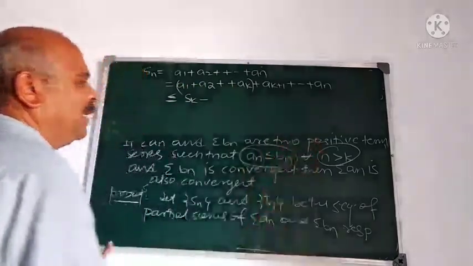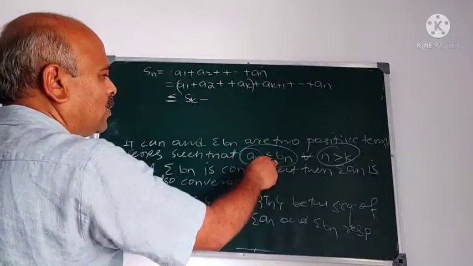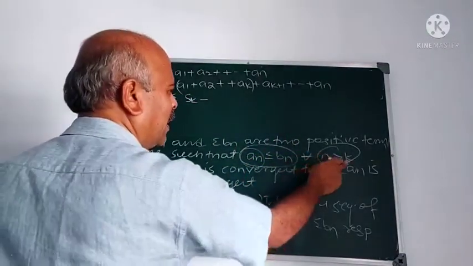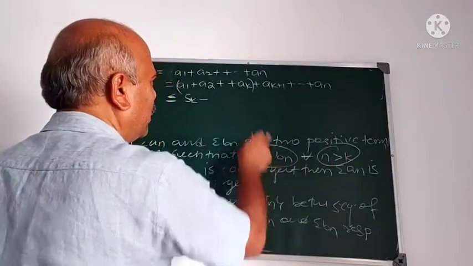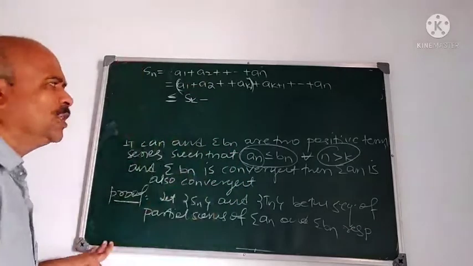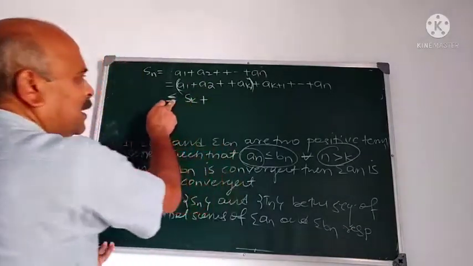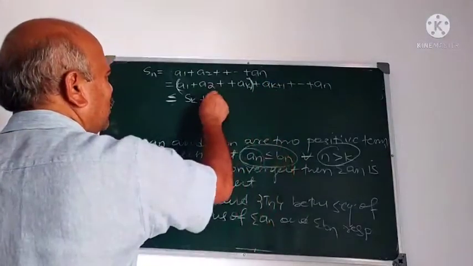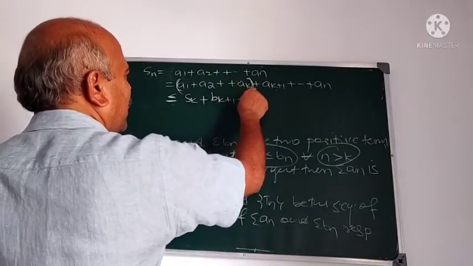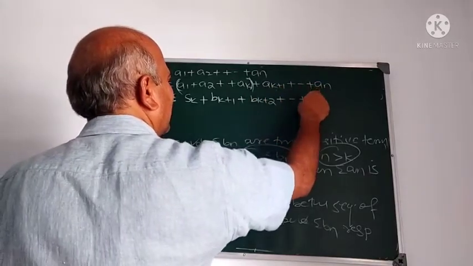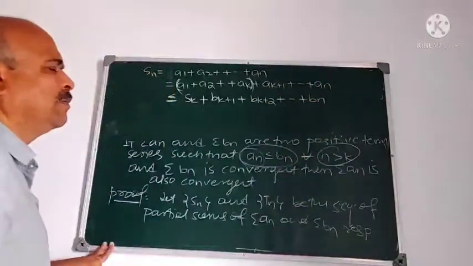We have no idea whether a1 is less than or equal to b1; we have it only for all n greater than k. So Sk plus a less-than-or-equal sign here, because ak plus 1 is less than or equal to bk plus 1, ak plus 2 is less than or equal to bk plus 2, an is less than or equal to bn.